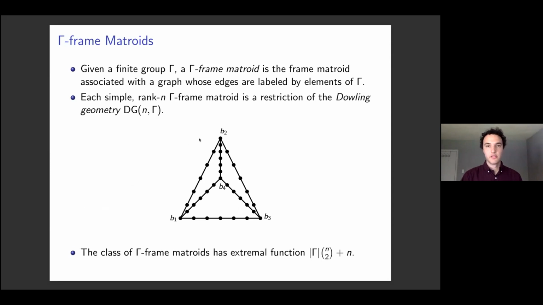And by that I mean that if you take a matching of basis elements, that will give you a large collection of mutually skew lines of length equal to the size of gamma plus 2. So these lines are kind of spread out. Okay, so that's the first example of a nice quadratically dense minor closed class.